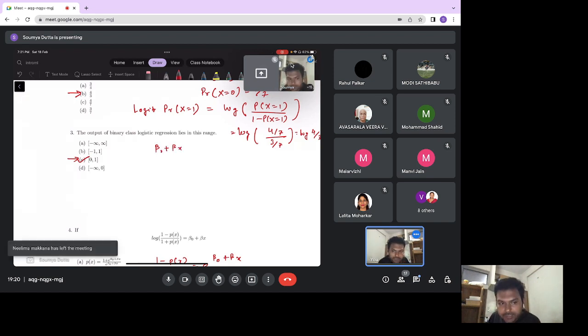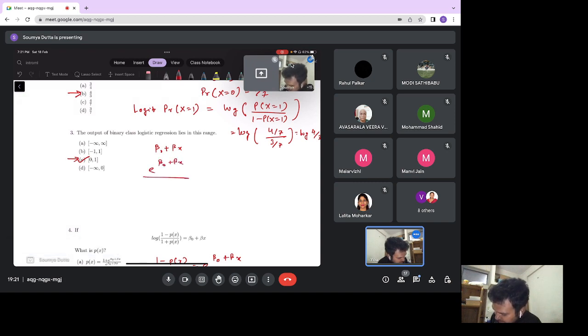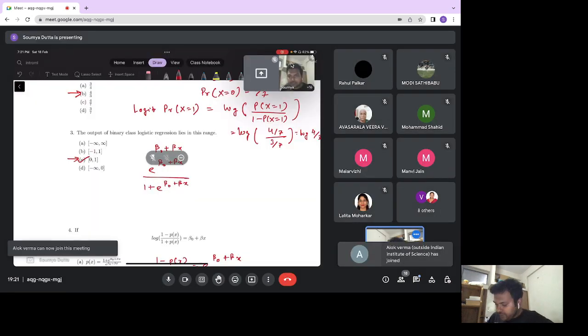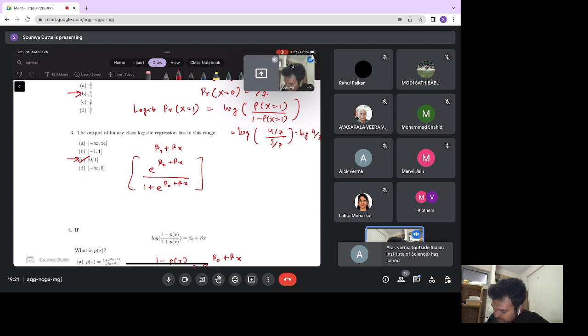Then you take a softmax of this, so it would be e to the power of beta 0 plus beta x, divided by 1 plus e to the power of beta 0 plus beta x. If you see this, it always lies between 0 and 1, and therefore the answer would be 0 and 1. Clear?